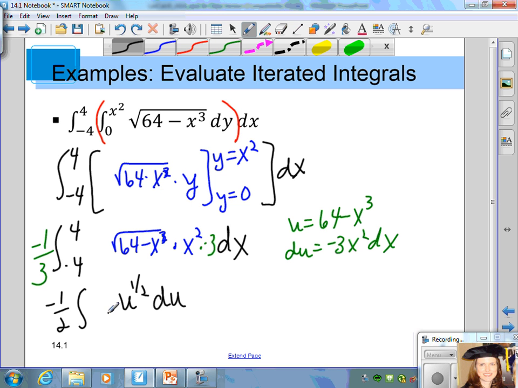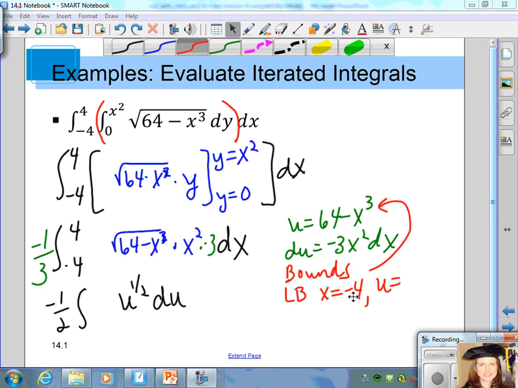Now, another thing I like to do here is change the bounds of integration. Your lower bound, or LB, was x equals -4. If you've already done the u substitution, you can put -4 in for x and simplify to get your lower bound in terms of u.